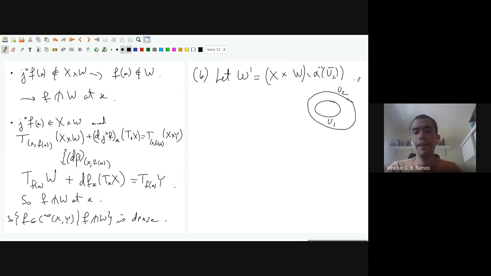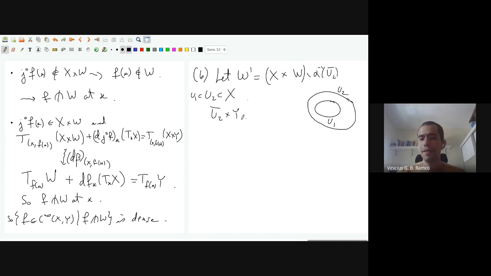Okay, so I look at x times w, and I remove what's above U2 bar. But remember U1 and U2 are in X. So when I look at alpha inverse of u2 bar, I really get u2 bar times y.